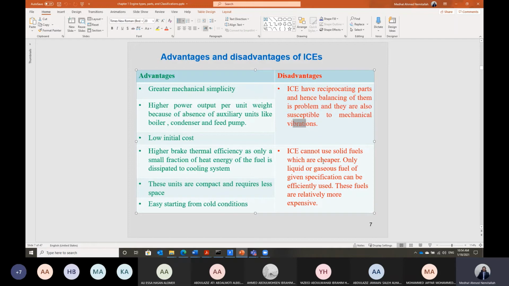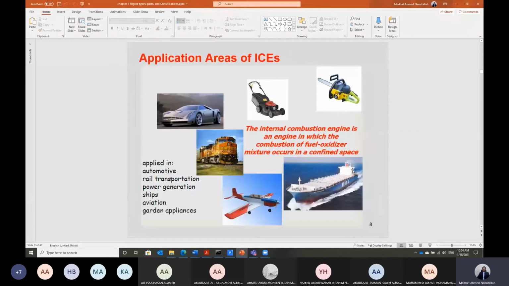Also, internal combustion engines cannot work with solid fuel, like coal or wood. We cannot put wood in your car to drive it with coal. So it can only be used with liquid fuel, and in some cases with gaseous fuel. And those fuels, gaseous and liquid, are a little bit expensive compared to coal. Okay.